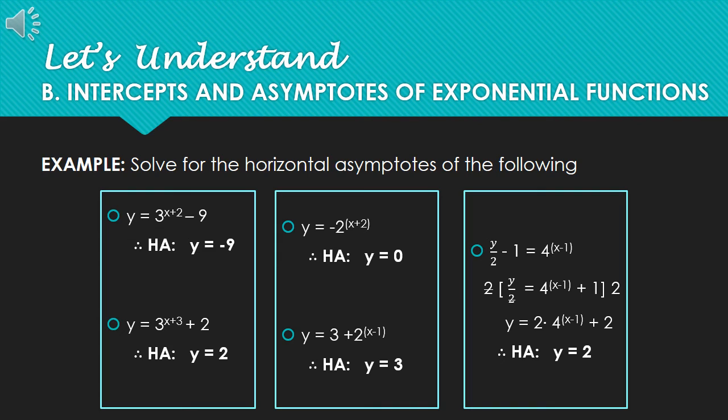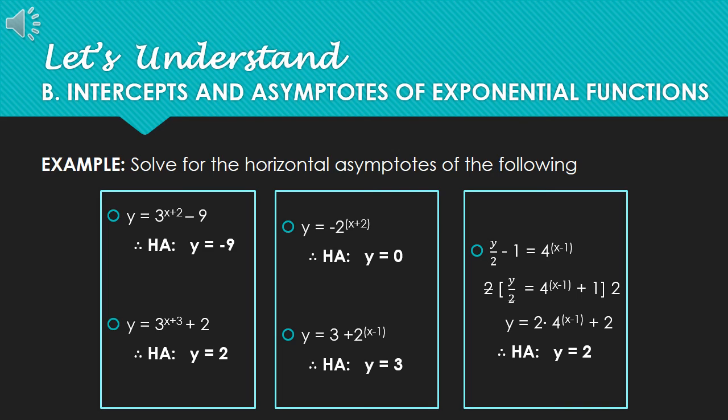For example, solve for the horizontal asymptotes of the following. So, for y equals 3 raised to x plus 2 minus 9, our horizontal asymptote is just y equals negative 9. So, for y equals 3 raised to x plus 3 plus 2, our horizontal asymptote is y equals 2.